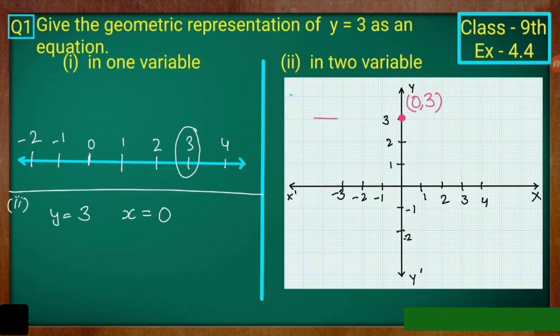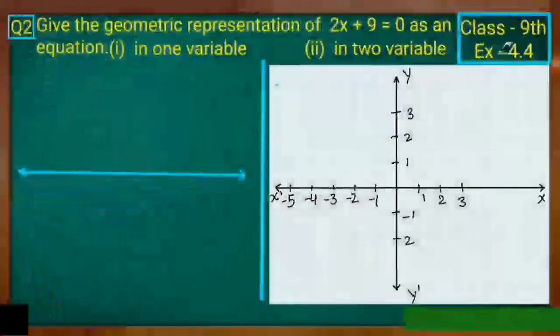You can see here when we draw a line at y equal to 3, our required line is parallel to the x-axis. In other words, if x is 0 and the value of y is given to us, that line should be parallel to the x-axis.